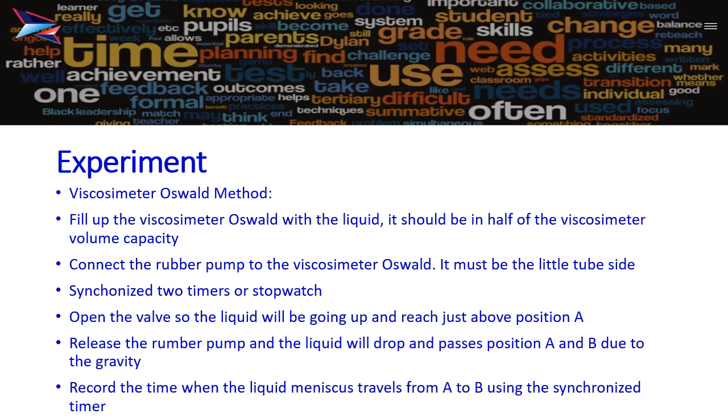So you know the time, the velocity, and the distance, and then you're able to find the viscosity by using the third equation, which I mentioned in the basic concept.